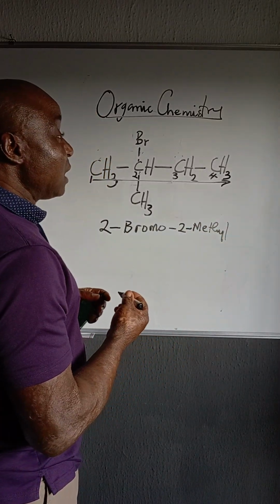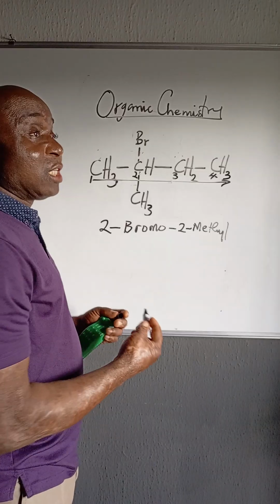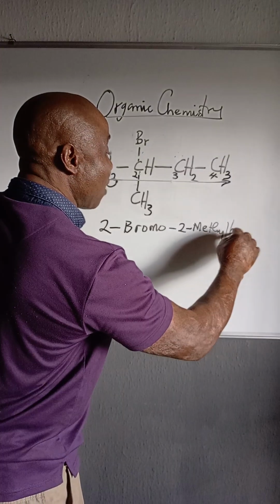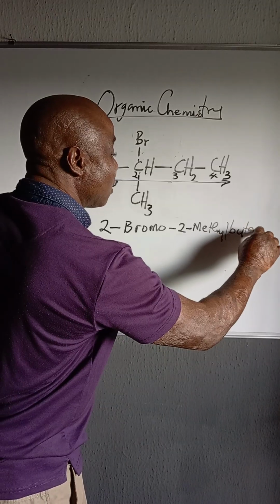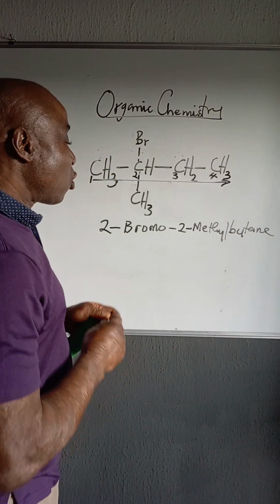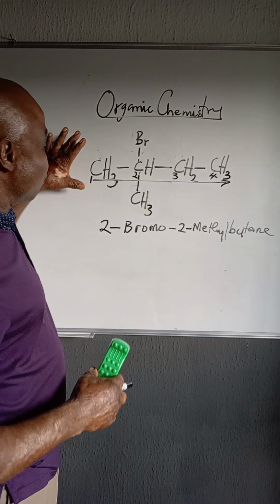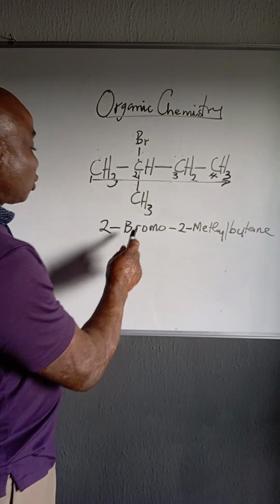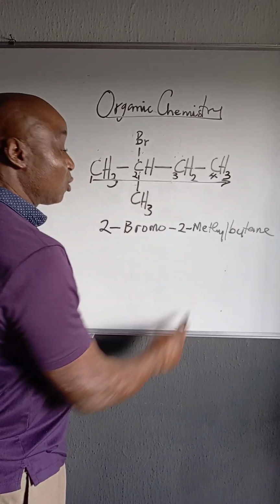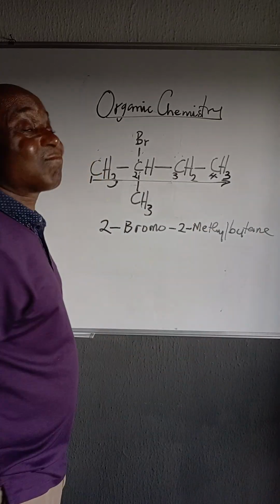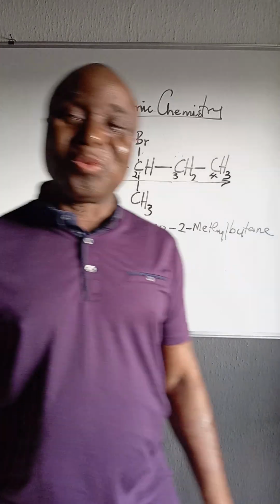Since the longest continuous chain is 4 carbon atoms, we already know that that is butane. So we are going to have butane here. So the correct IUPAC name of this structure is 2-bromo-2-methylbutane.